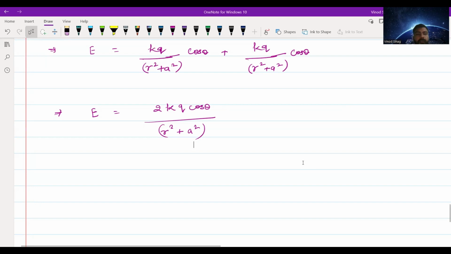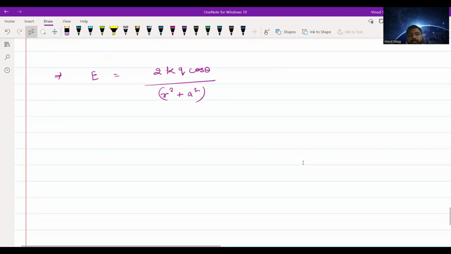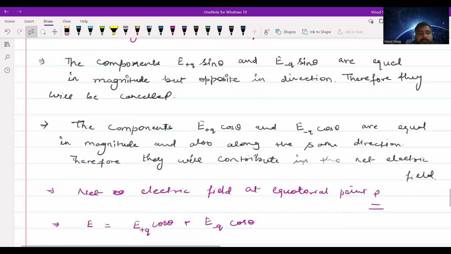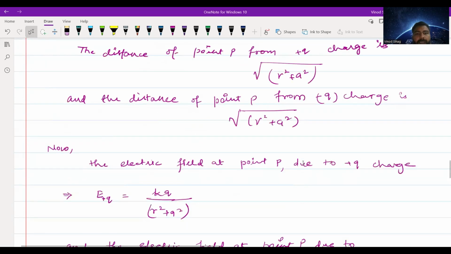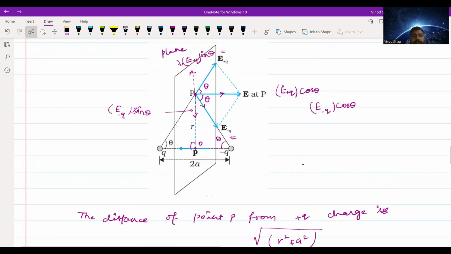Okay. So now here we can put the value of cos theta. What is cos theta here? From the above diagram, we can see that, as we know, cos theta is base upon the hypotenuse.